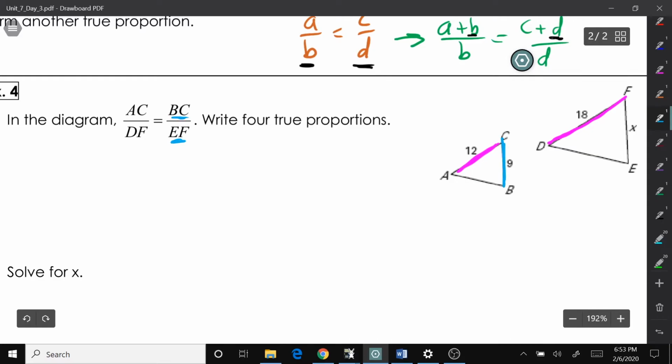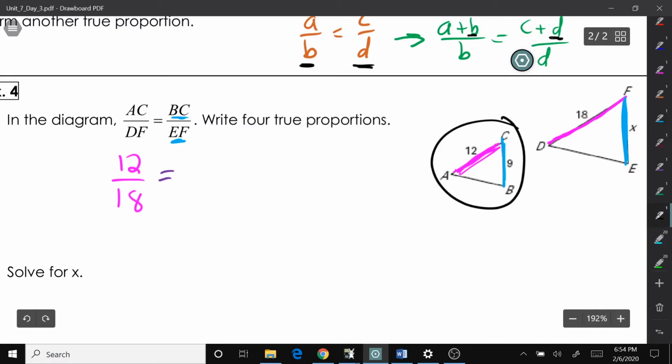The way I like to set up proportions, what makes it easier for me, is I take one value from one of the triangles, so 12, over the corresponding value in the other triangle, 18, equals, now because we started with this triangle, I put 12 here, which came from that triangle.